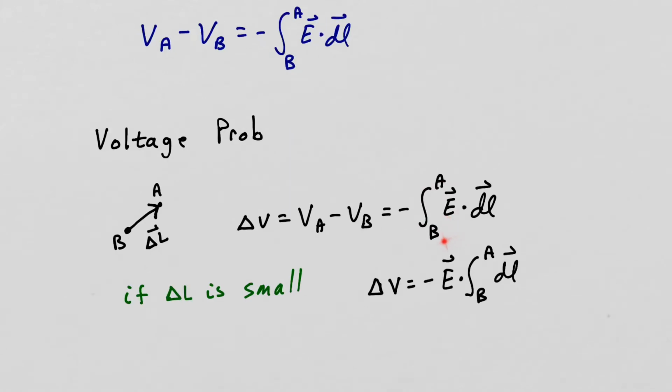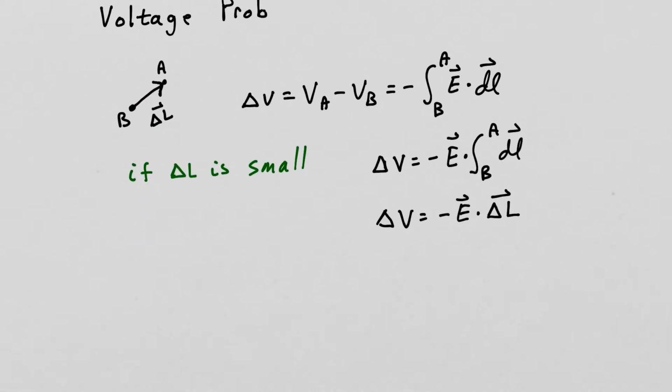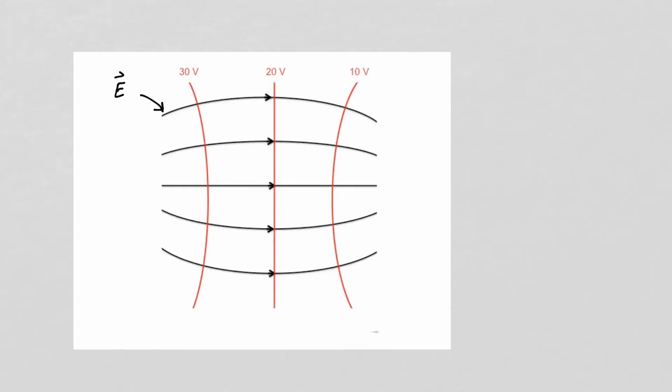So we can factor the E to the left of the integral, and the integral of dl from b to a is just delta L. So delta V is equal to minus the magnitude of the electric field intensity times the magnitude of delta L times the cosine of the angle between the electric field intensity and delta L.